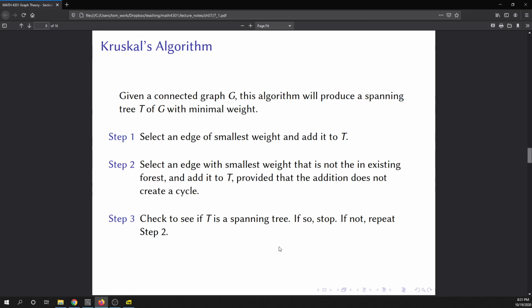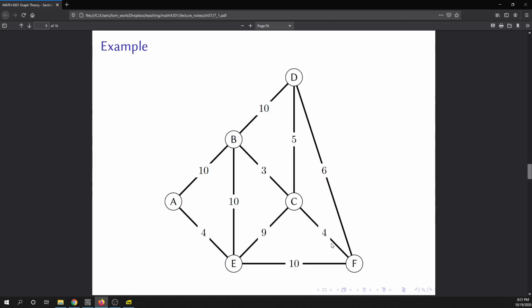So the greedy algorithm in this case turns out to be one that works. This is going to give us a minimal weight spanning tree. The thing is, it doesn't always work. Sometimes there are situations where the greedy algorithm doesn't give you the optimal thing that you want. All right, let's take a look at this example.